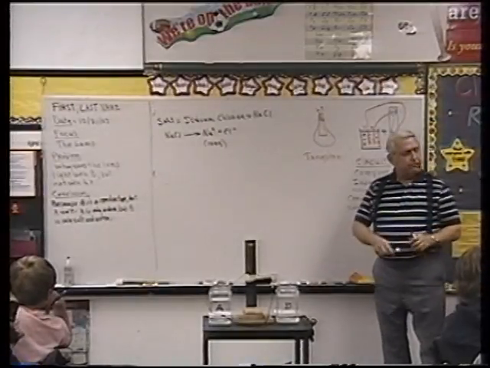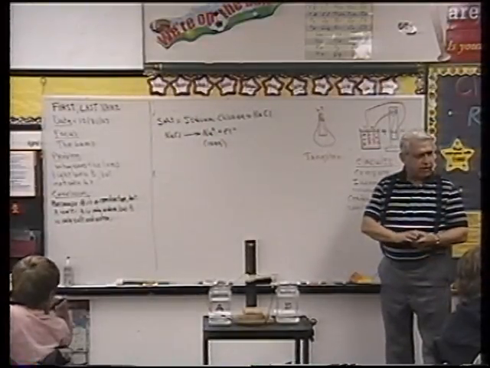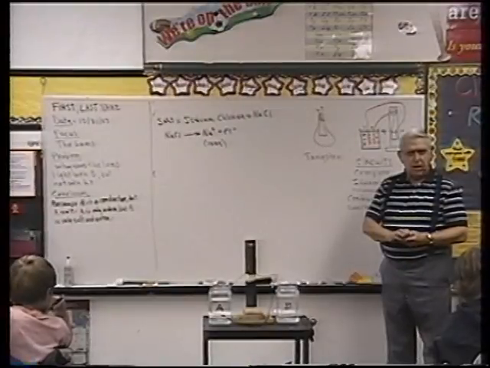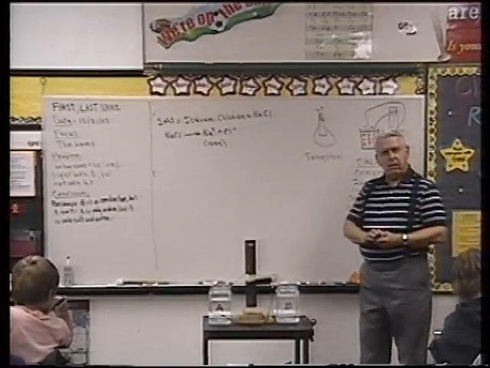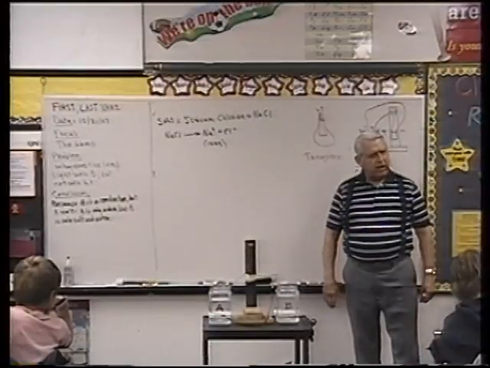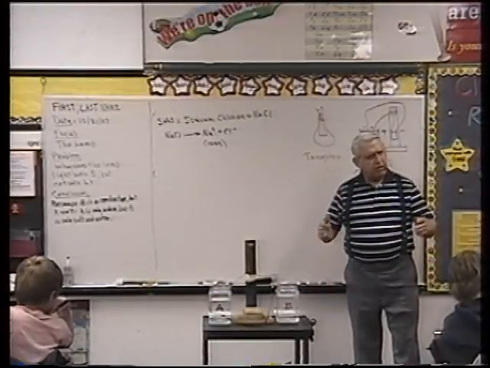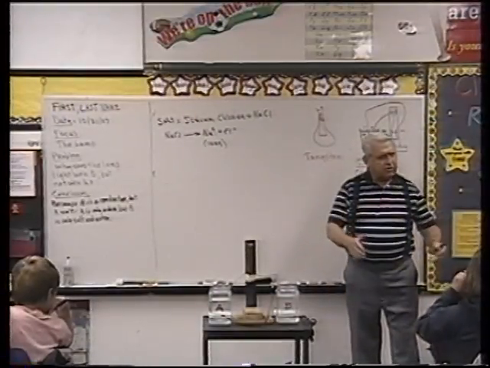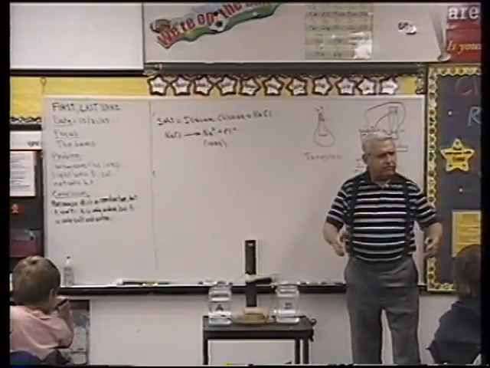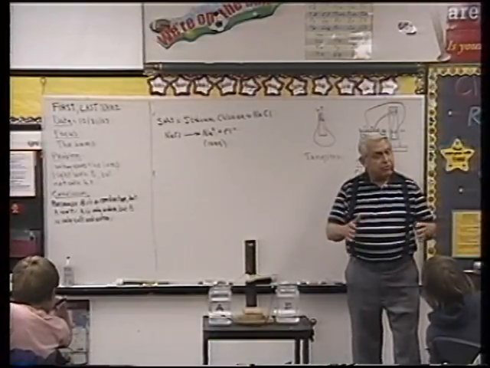There's a law of electricity and magnetism that some of you may have heard before. It says that opposites attract. Pluses attract minuses. Minuses attract pluses. Positives attract negatives. Negatives attract positives. Opposites attract.